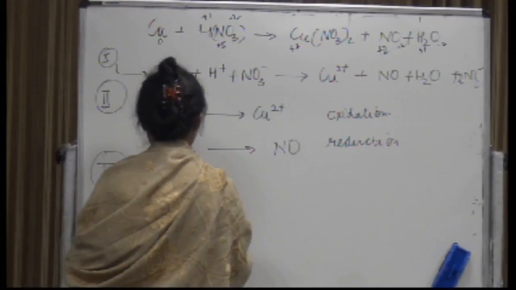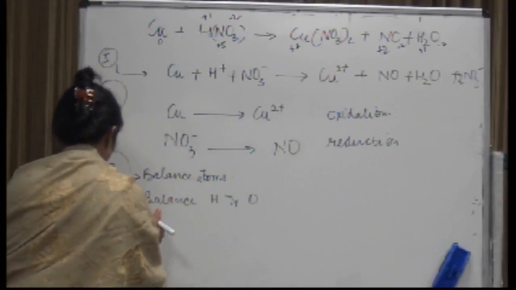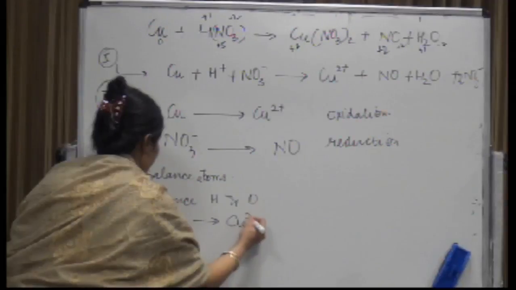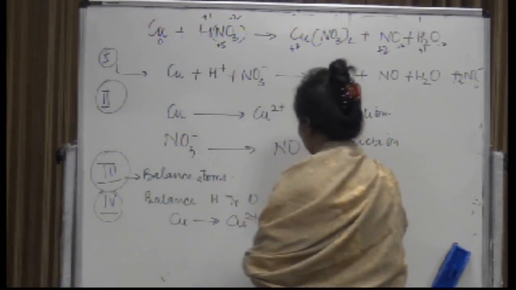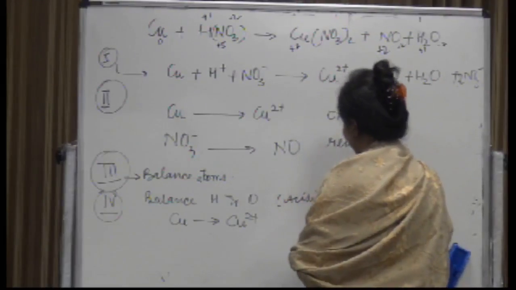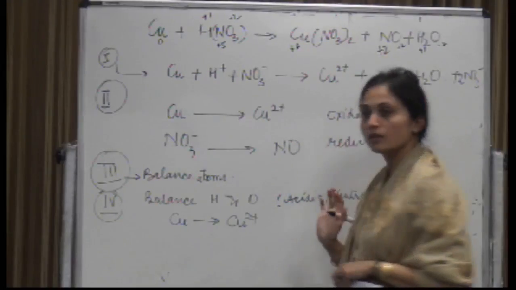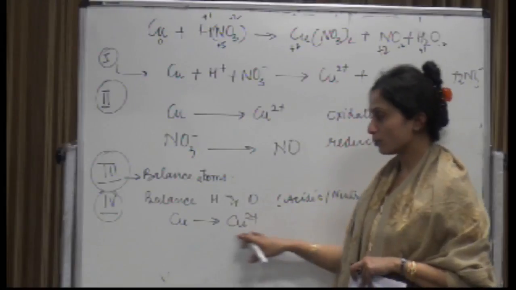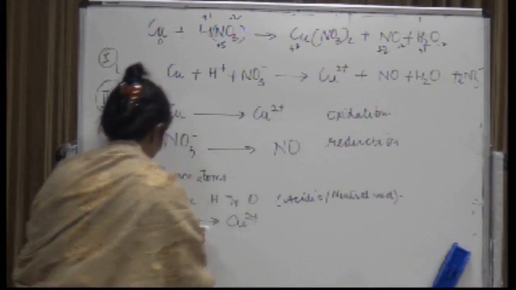In the fourth step, you balance hydrogen and oxygen. How do you do that? Now let's talk about the acidic medium first. Acidic और न्यूट्रल मीडियम में कैसे करते हैं. Cu में तो कुछ बैलेंस करना ही नहीं ऑक्सीजन का. The only thing that you have is NO3 minus.